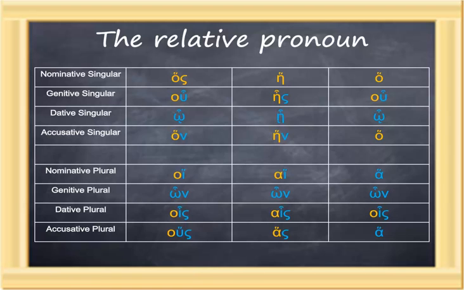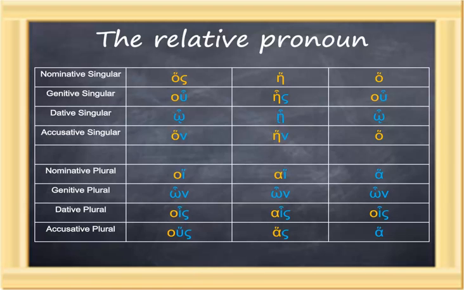That's a way to distinguish the relative pronoun from similar one-letter forms in the article or in other forms. So the relative pronoun inflects according to a 2-1-2 pattern that we know from previous examples. It does not have a nu in the nominative and accusative singular, but otherwise this pattern should be very familiar to you. You've written this sequence many times before, just with something on the front of it. Here, what's on the front is the rough breathing mark.